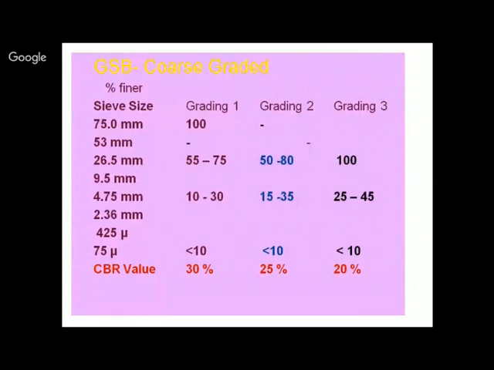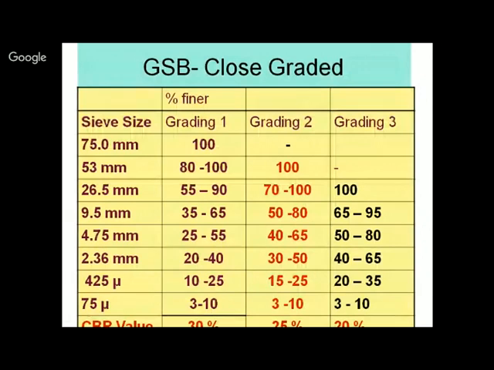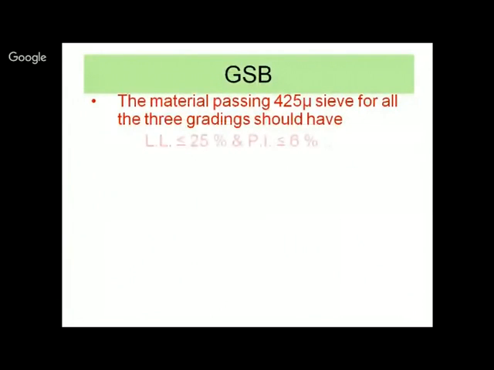Okay, now in addition, if you see here, we have something like 425 micron material, ranging from 10 up to 35%, which is lesser than 425 micron, and for that material the liquid limit should be less than 25% and plasticity index should be less than 6%.